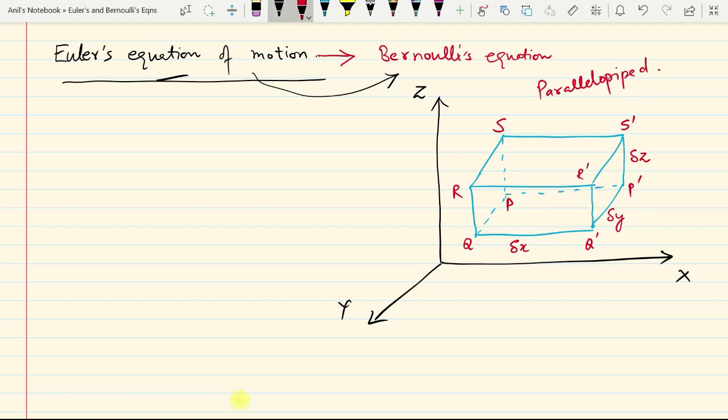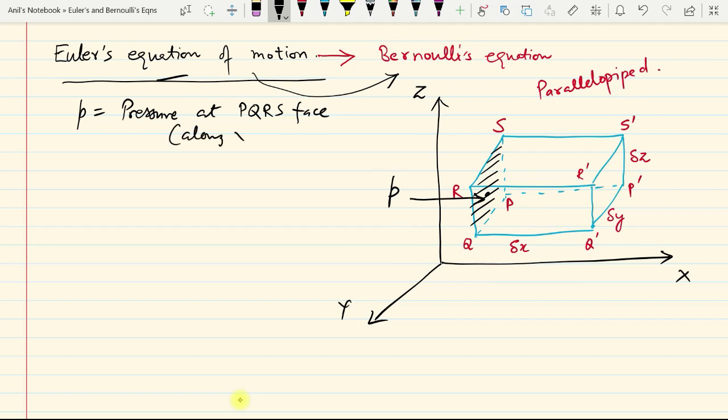First of all, consider the left hand side face and say P is the pressure intensity acting on this face. So P is the pressure at the P, Q, R, S face. It is along the x-axis.